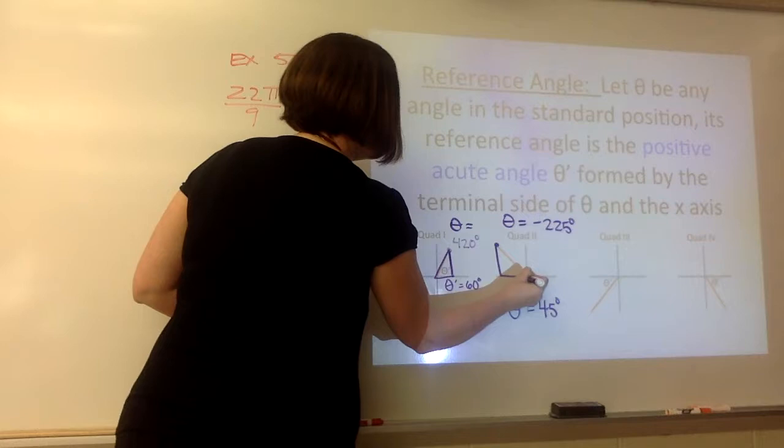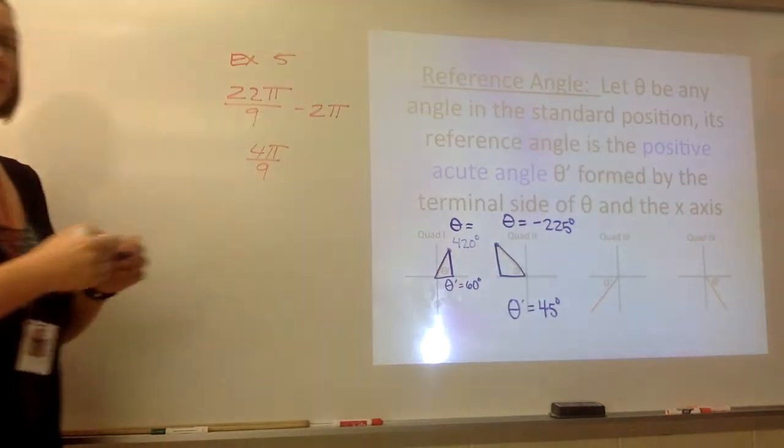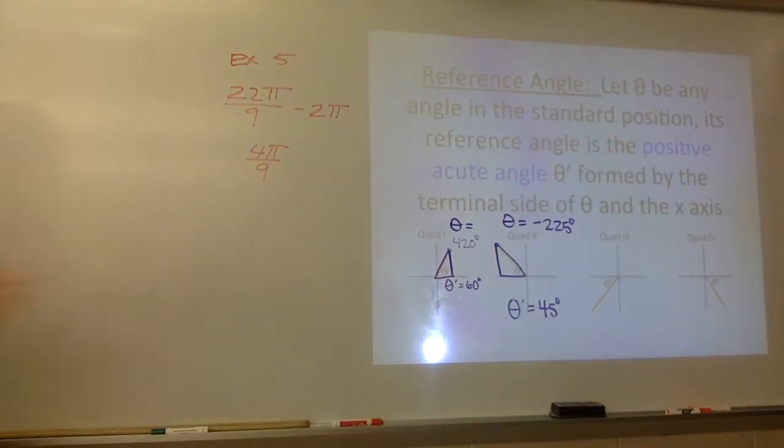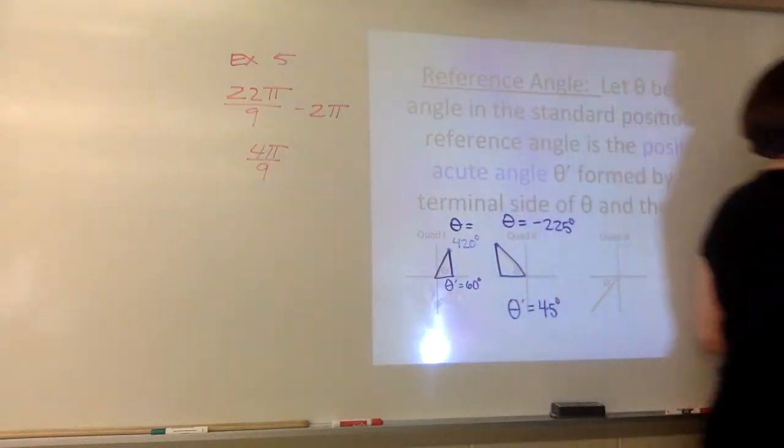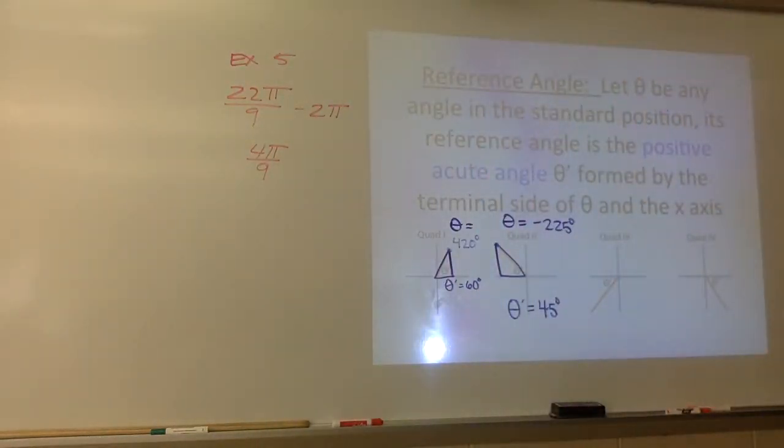Notice here's that triangle that I would lay down if I had a cutout. It would be there. All right, so before I do the next two, what questions do you have? Anything? Does it make sense? What you should be looking for to answer the question about reference angle being theta prime.